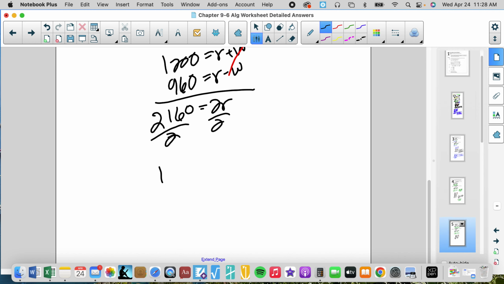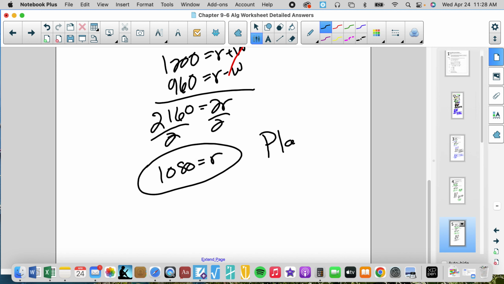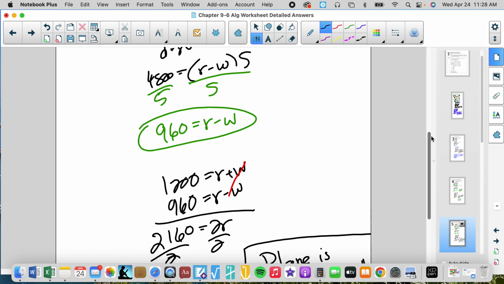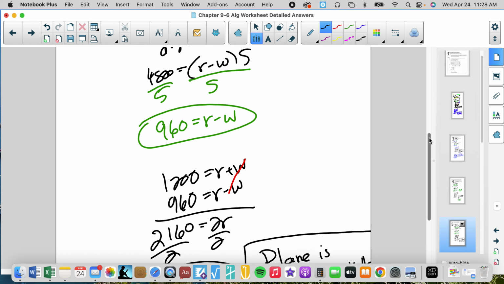I needed a calculator in the other one. Equals rate of speed. So the plane is traveling 1080 kilometers per hour in still air. And then we plug it back into our rate here, and we got 1080.